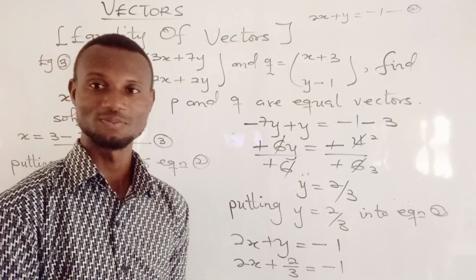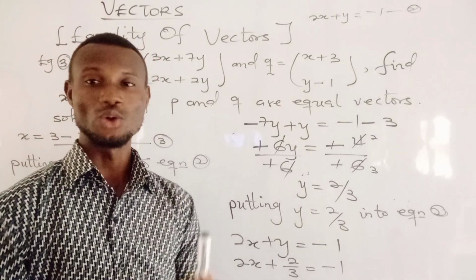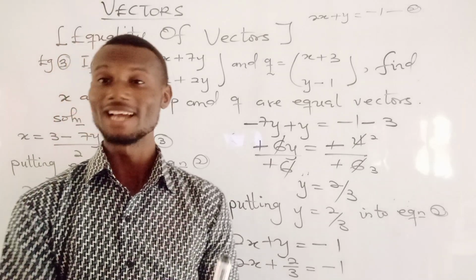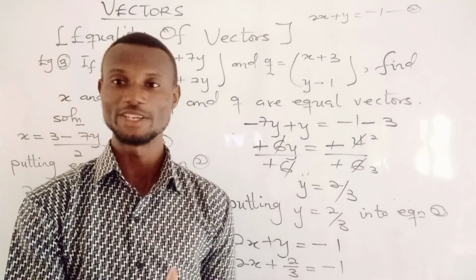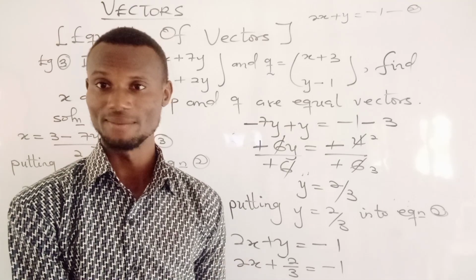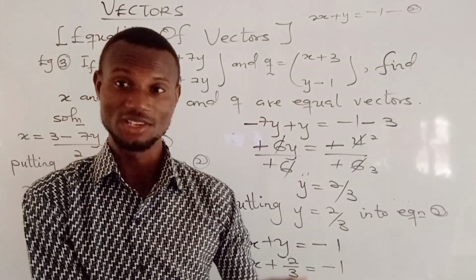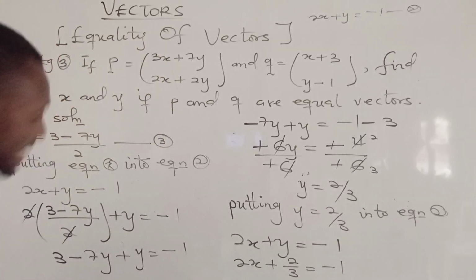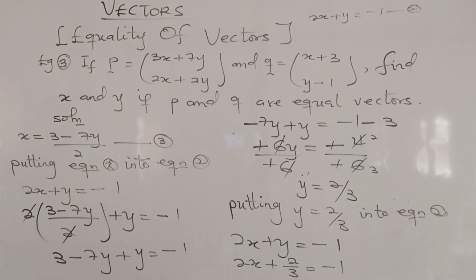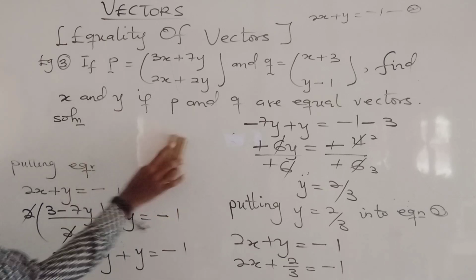Anytime you have a linear equation that contains a fraction, what you do is multiply through by the LCM. I've taught you this in the previous video, so we are applying that knowledge here. Let me clean some portion of the board again so that we can proceed and solve for the value of s.